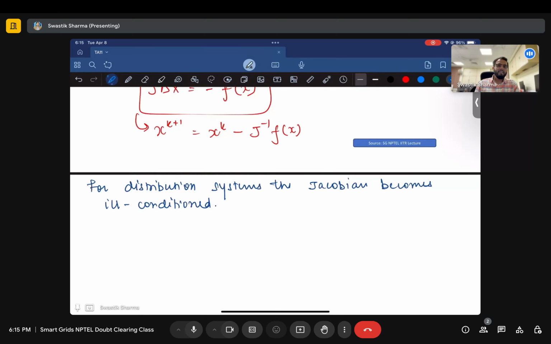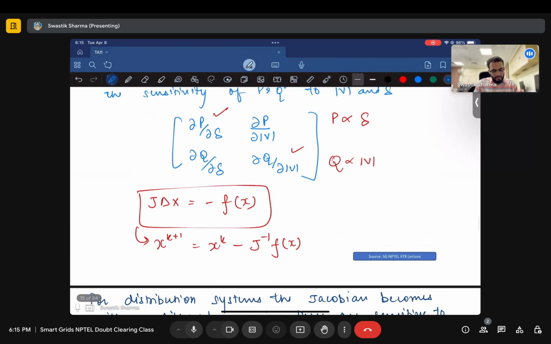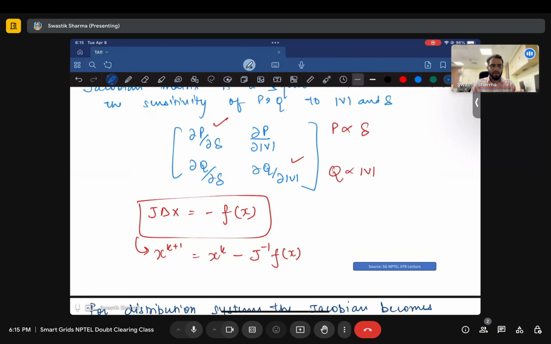What I mean when I say they become ill conditioned is that they are susceptible to small changes in the input value. Great. So that is what happens: the Jacobian becomes ill-conditioned. And why does that happen? Because of high R by X ratio.